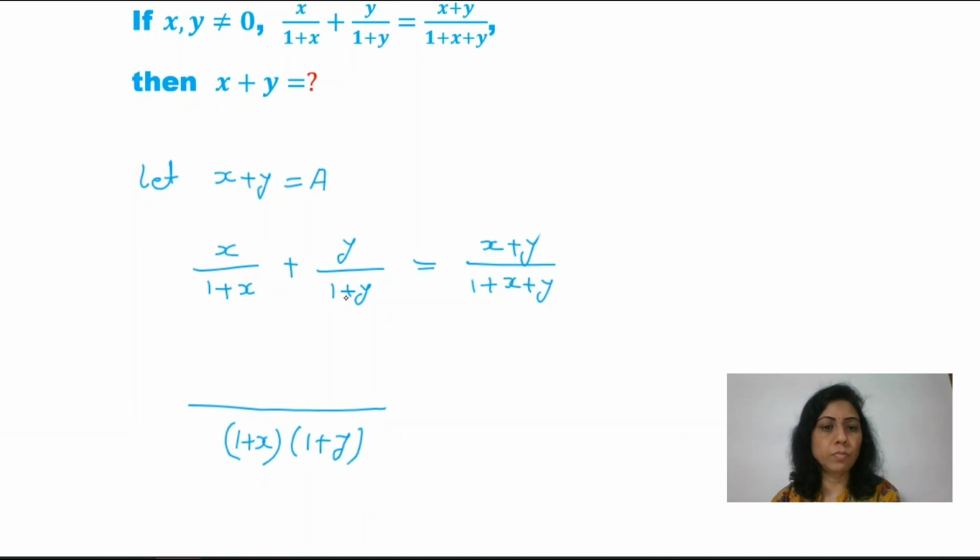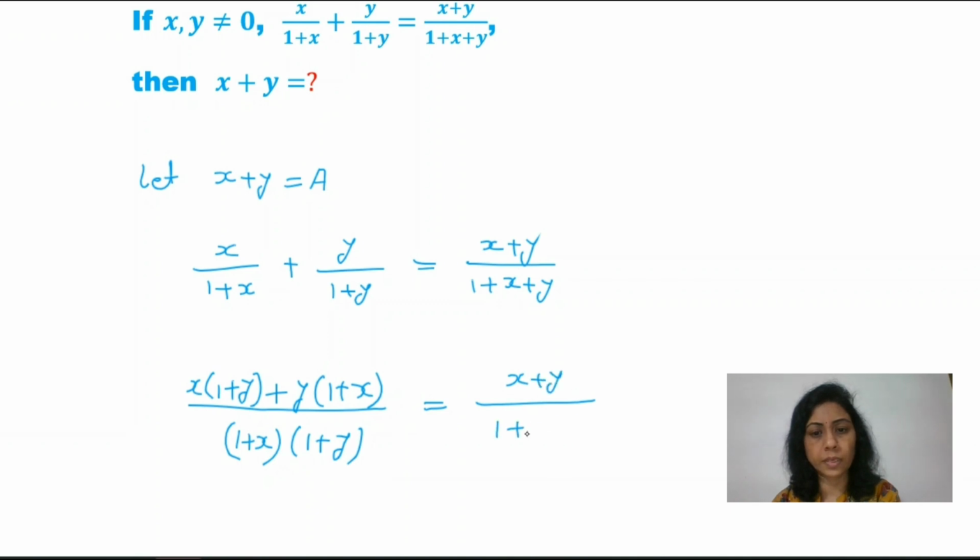Here multiply 1 plus y, so we write x multiply 1 plus y, and here multiply 1 plus x, so y multiply 1 plus x, is equal to x plus y over 1 plus x plus y.